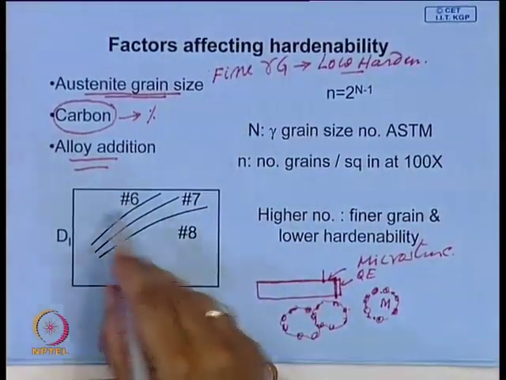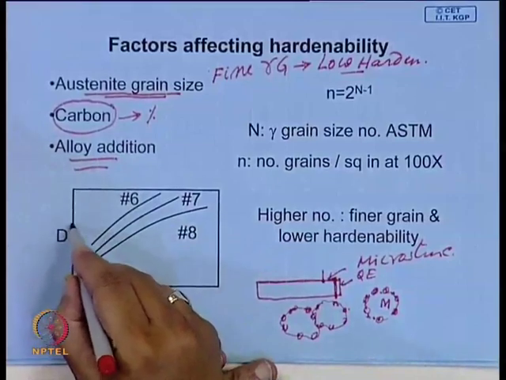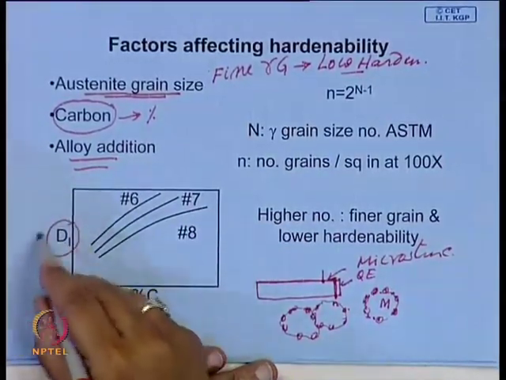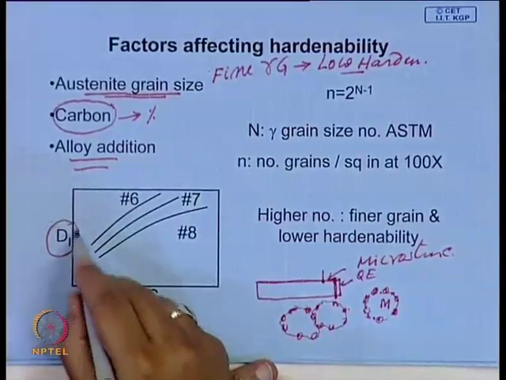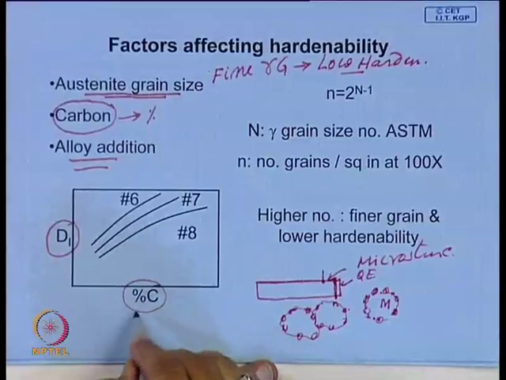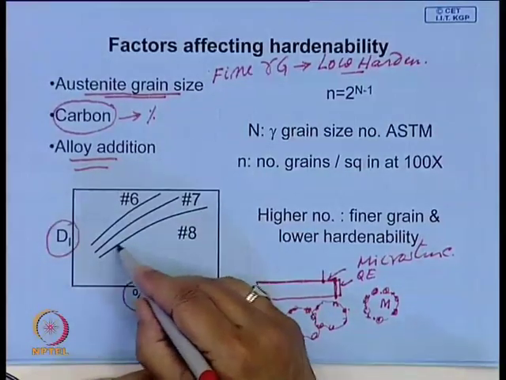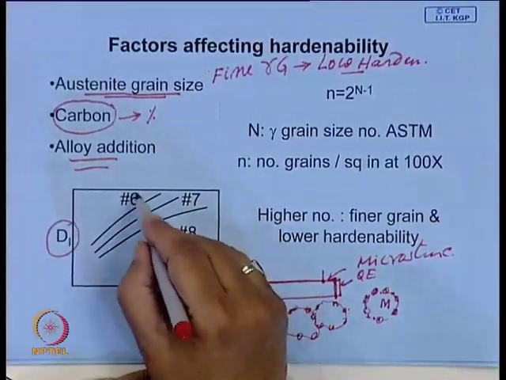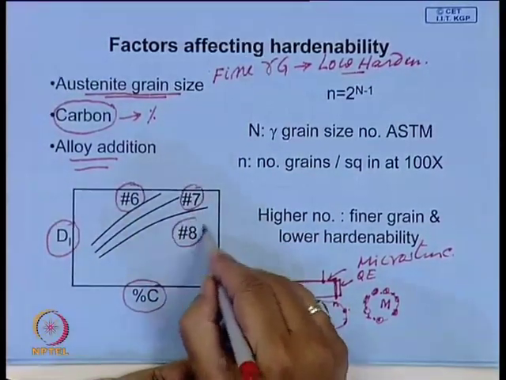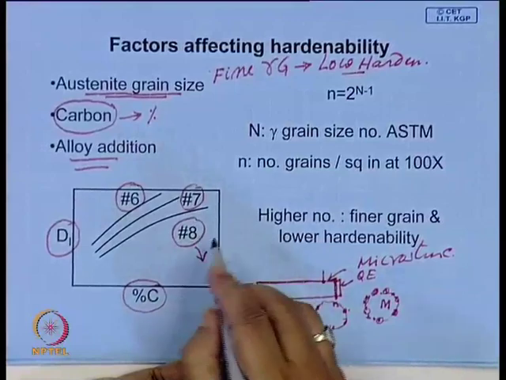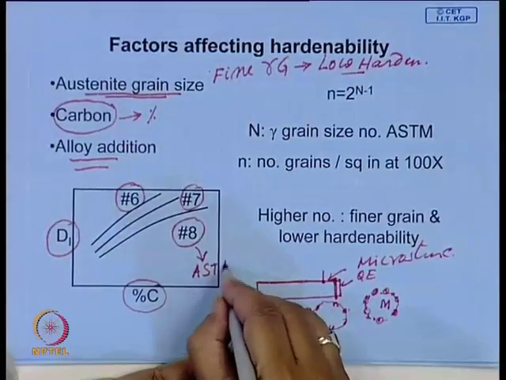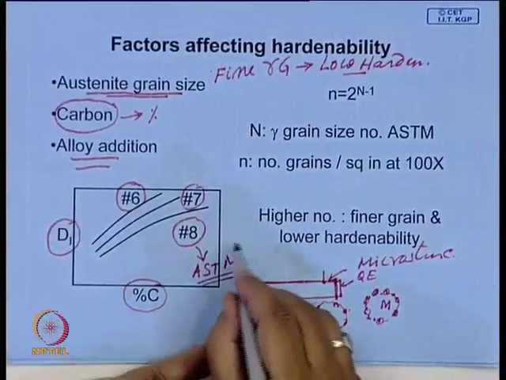So, to sum up, you can see that hardenability is defined in terms of ideal critical diameter. If you try to generate a plot of this ideal critical diameter against percentage carbon, you may be able to generate such plots, and here we have put certain numbers. These are austenite grain size, defined in terms of numbers called the ASTM grain size number.